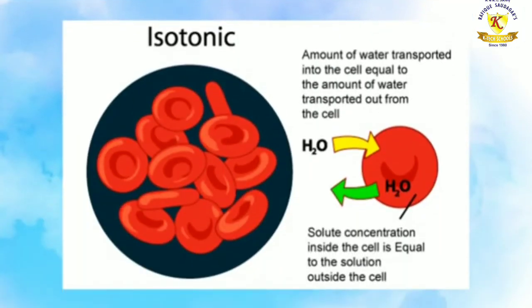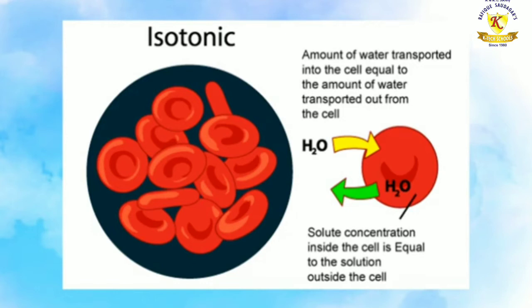Now let's see what is isotonic solution. Medium outside and inside the cell has the same proportion of water. So water doesn't go in or out.